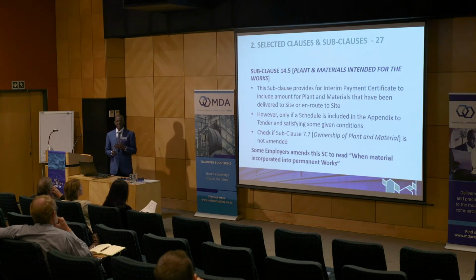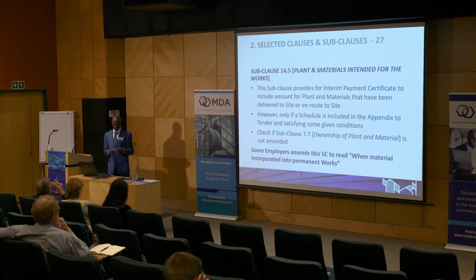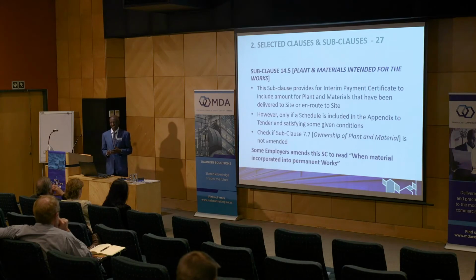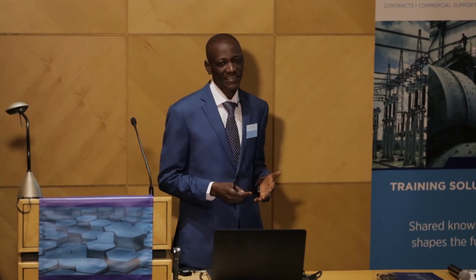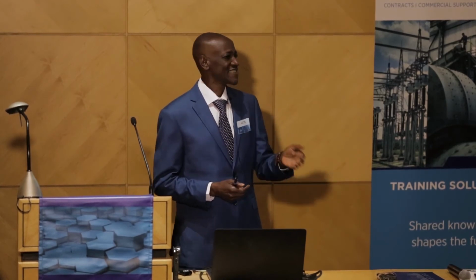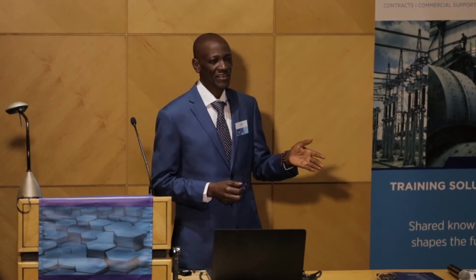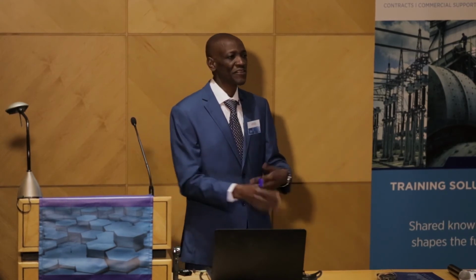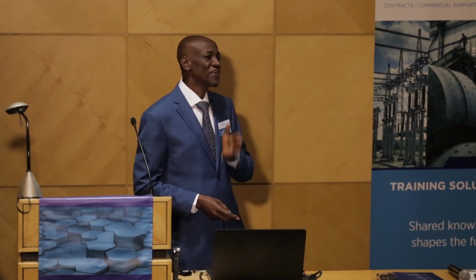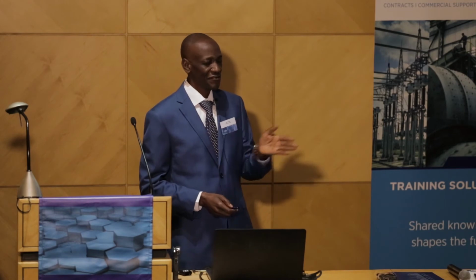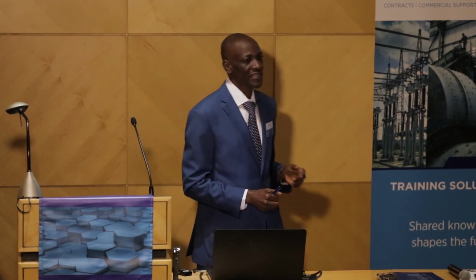Now, with my experience of local forms of contract from where I come from and the countries I've worked in, material on site is just like a déjà vu affair. When you start, you know that you have the right to claim for material on site. Under FIDIC this is not the case. I don't know about the revised one, but under the current one it is not the case.